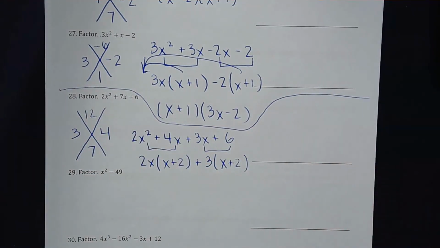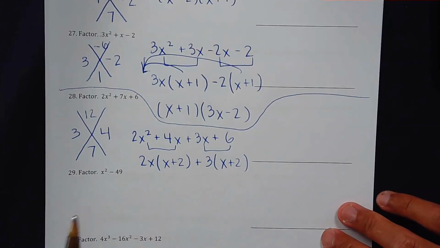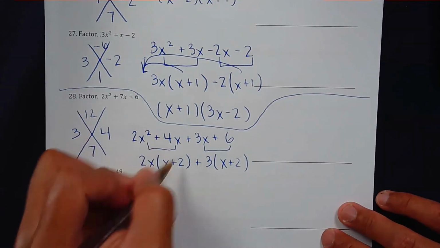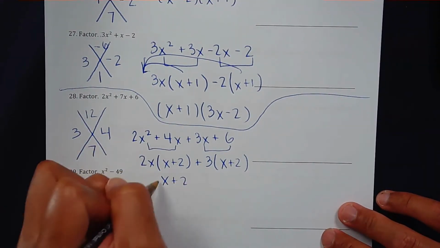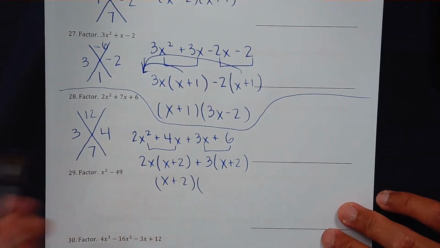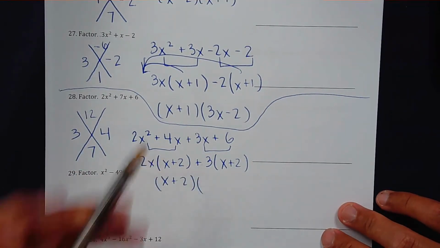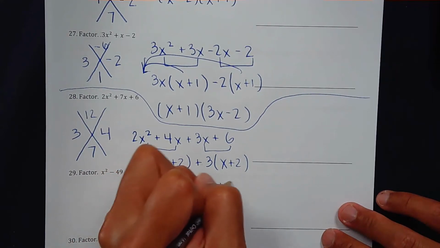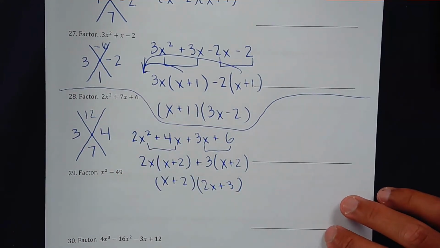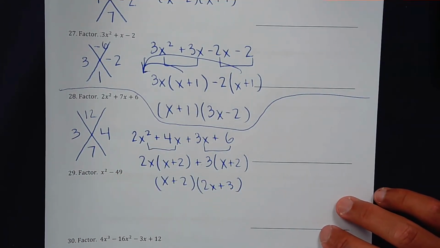Remember, with factoring by grouping, we know we did it correctly if we have the same thing in parentheses. So we bring that same thing to the front. We get x plus 2. And then what are we left with? We're left with 2x and then plus 3. That is our final answer for number 28.